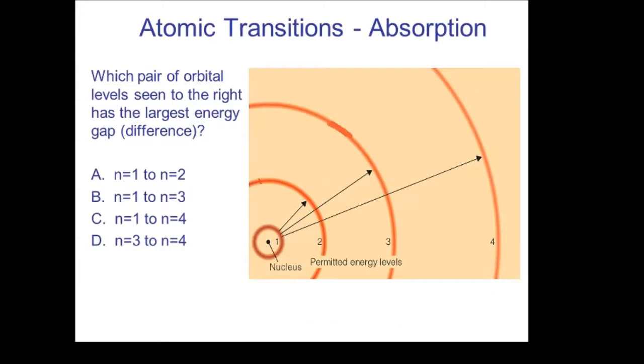All right, so a couple more questions here. We'll wrap this up. Which pair of orbital levels seen to the right has the largest energy gap? Okay, so we talked about level 1 being the lowest, 2's higher, 3's higher, but in terms of the energy difference between them, which has the biggest energy gap?